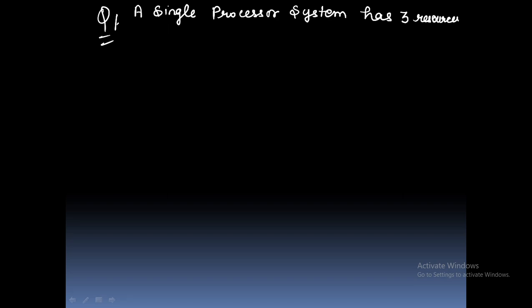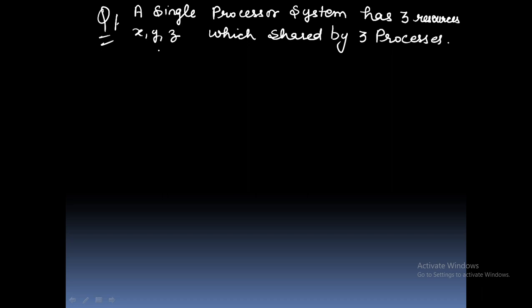Question number 1, which I am going to discuss: a single processor system has 3 resources, X, Y, Z, shared by 3 processes, and there are 5 units of each resource type.